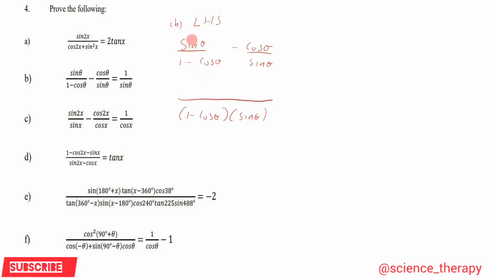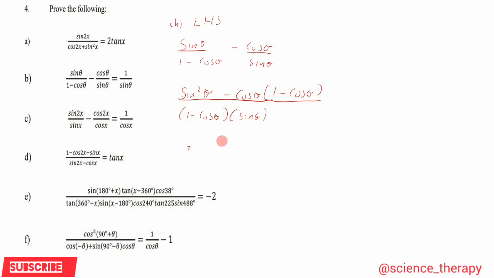So sine theta multiplied by that sine theta, there we have sine squared theta. And then what about here? If we take all of this divided by sine theta, we understand that sine theta will divide out sine theta, and then we'll be left with this 1 minus cos theta to multiply with the numerator there. So we have cos theta and then multiplying by that. So that's how we have it.